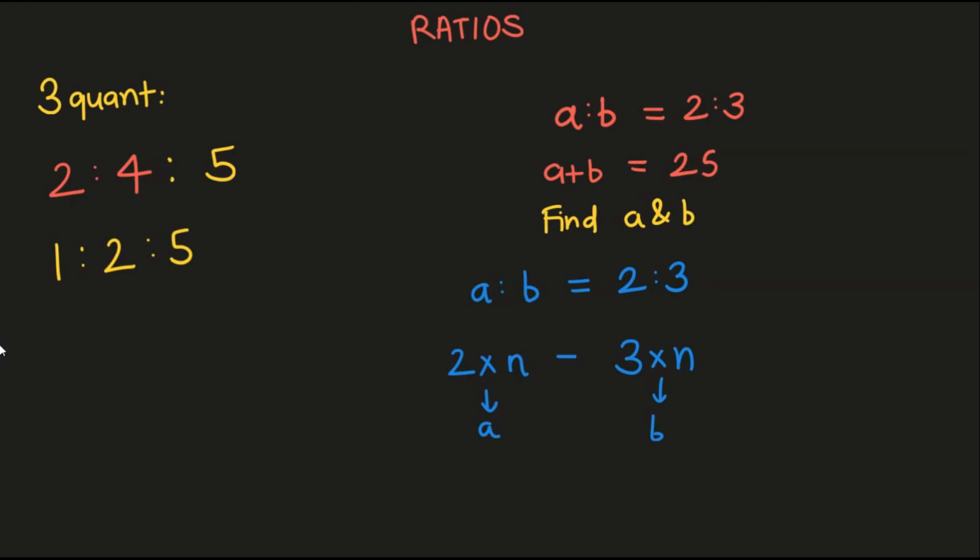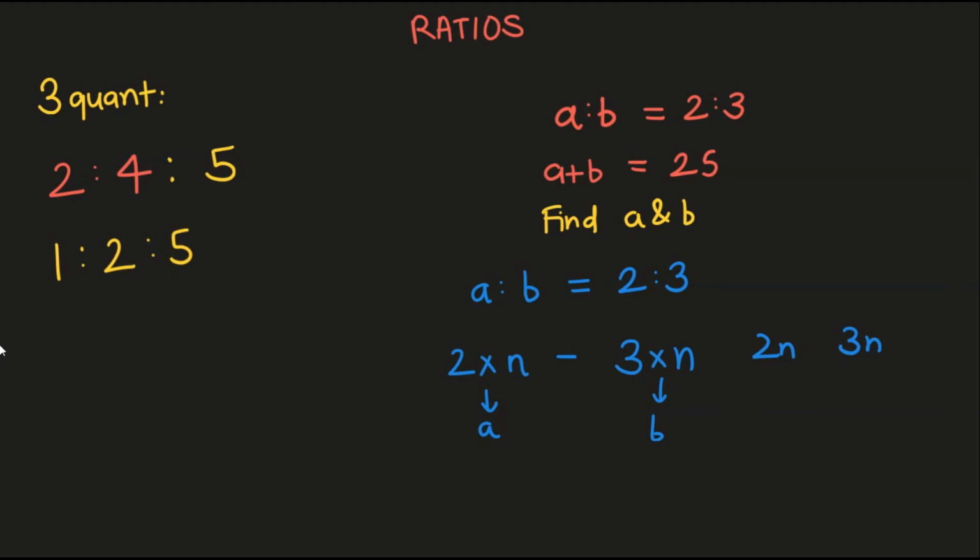So this is 2 into n, this is 3 into n. We can write it as 2n and 3n respectively. So 2 into n is A and 3 into n is B. Now if A and B were 2 and 3 in actual, then n would be 1, because 1 into 2 is 2 and 1 into 3 is 3.